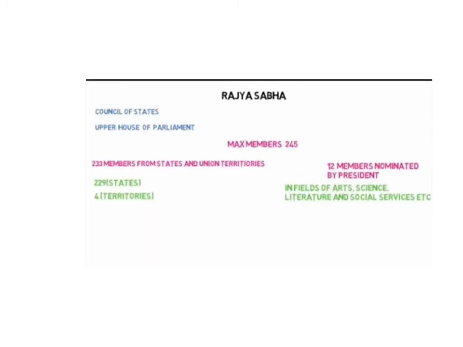Now, the Rajya Sabha is called the upper house of the Parliament or the Council of States. The maximum strength of Rajya Sabha is 245 members. 233 members are from states and union territories: 229 are from states and 4 are from different union territories. 12 members are nominated by the President in the fields of arts, science, literature and social services.